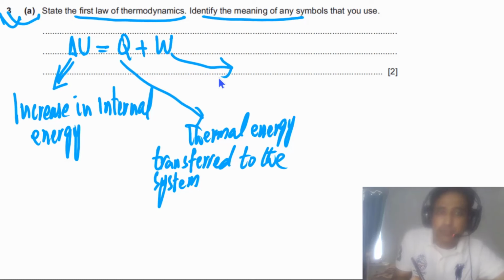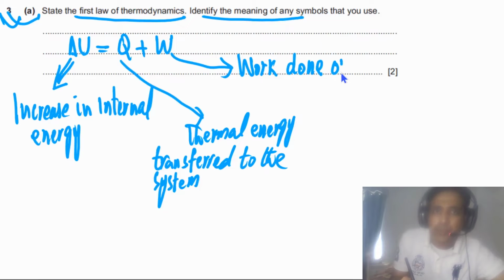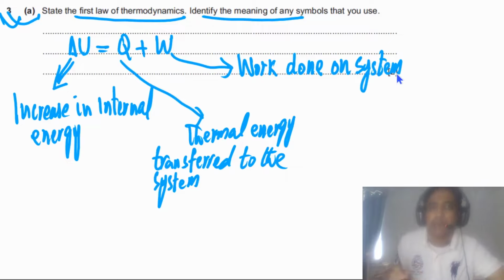And W, if we take this as positive, is representing work done on the system, and system means we are talking about gas. So if you write down delta U is equal to Q plus W and explain the meaning of each symbol, you will get 2 marks for this question.